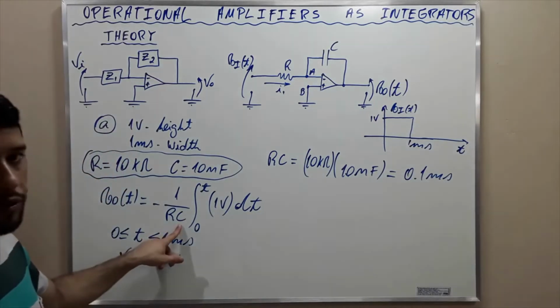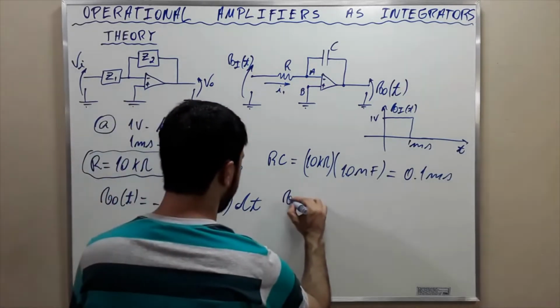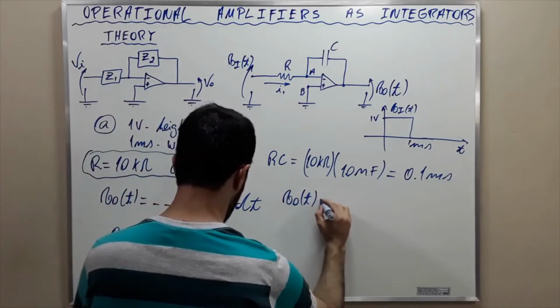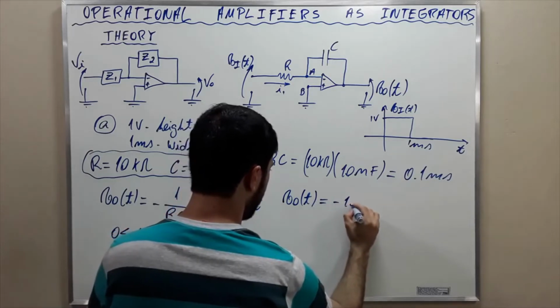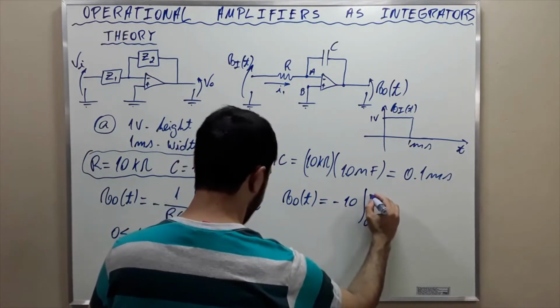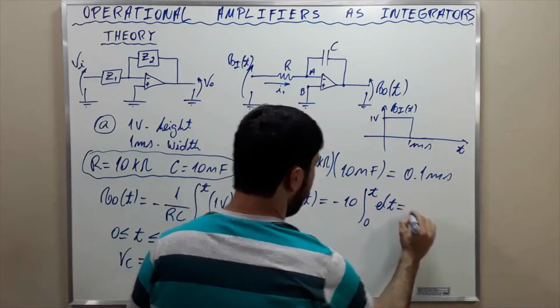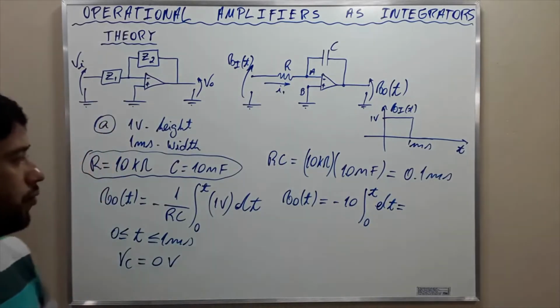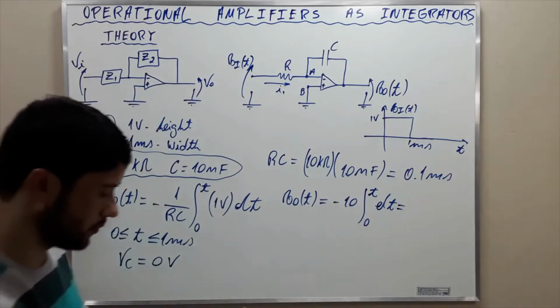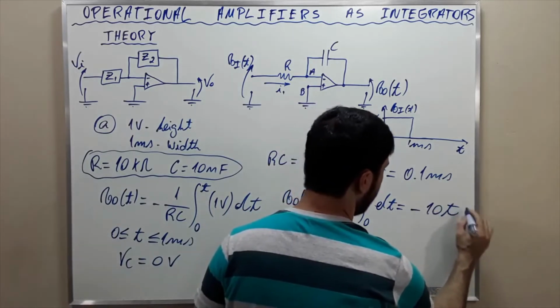We are going to substitute these values here, and then we find that V0 of t is equal to the negative of 10 times the integral from 0 to t of dt, and if we conduct this integration, the final response is going to be negative 10 times t.